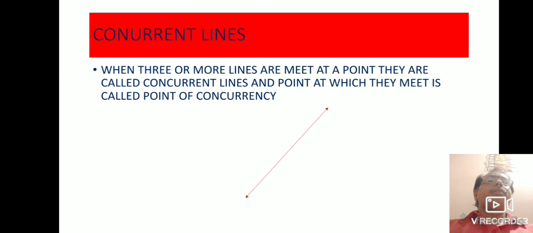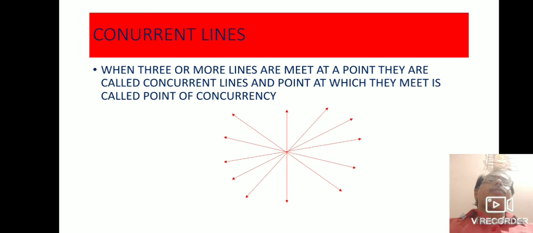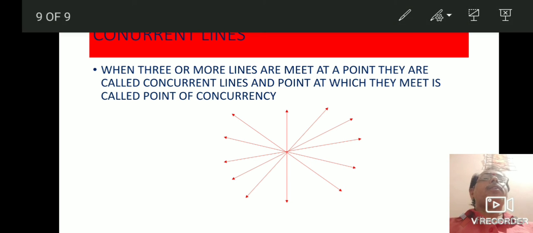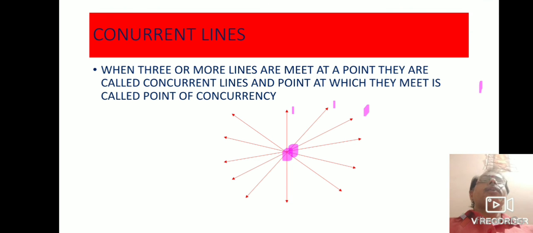Now see this, I am taking here 6 lines. So these 6 lines meet at a point. So this point is known as the concurrent point, and these lines are said to be what? Concurrent lines.